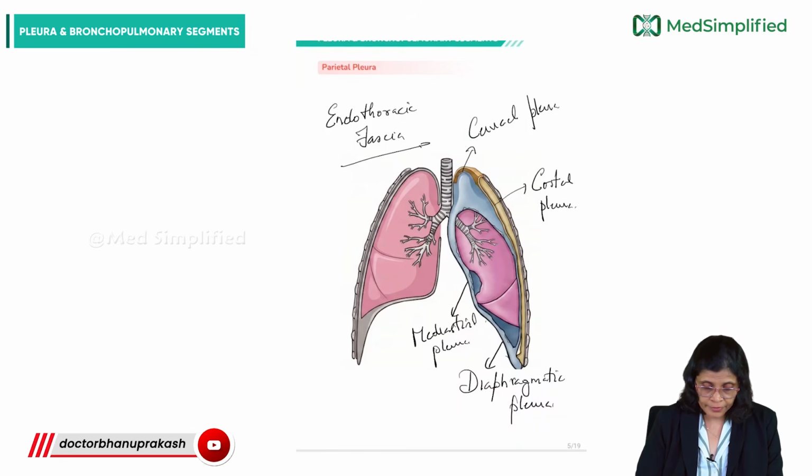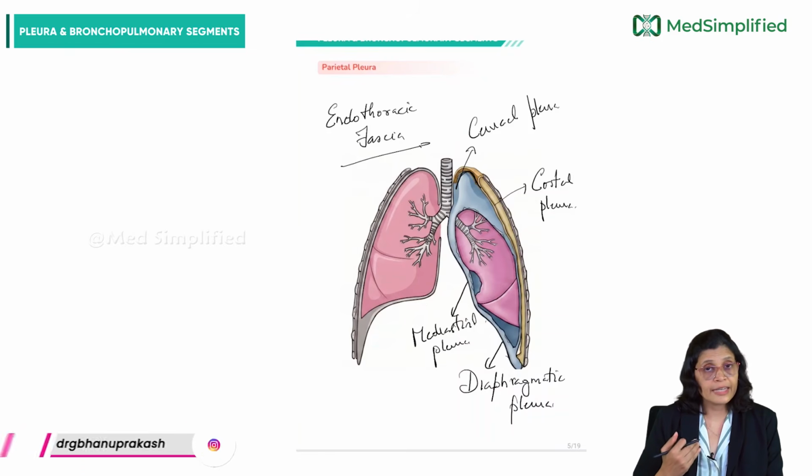And then we have the cervical pleura. When we see it, it is dome shaped. This portion we call the cervical pleura, and it extends into the root of the neck at about 2.5 centimeters above the medial end of the clavicle, and about 5 centimeters above the first costal cartilage.